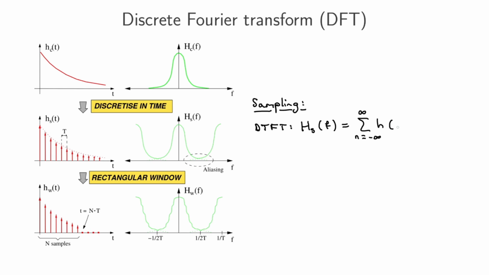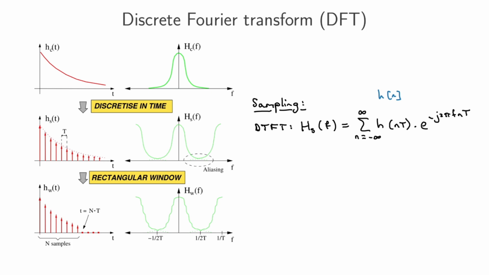H[nT], I could have written there, that's just the same as H[n], which is just the strength of the samples at those points, okay? Times e to the minus j2 pi f n T, where T is the sampling period.